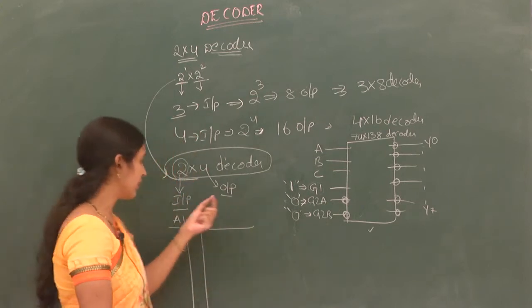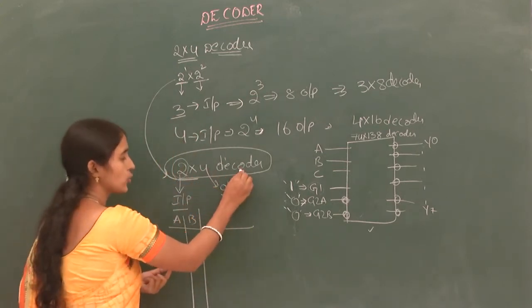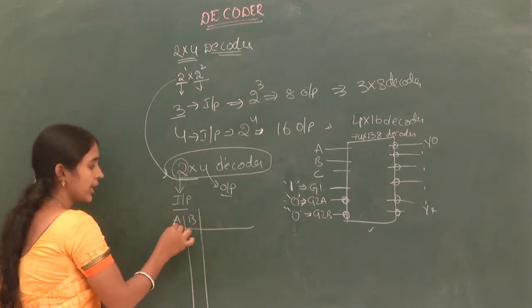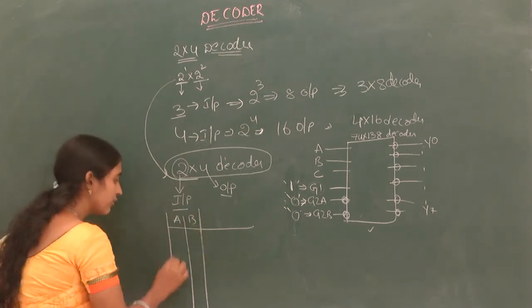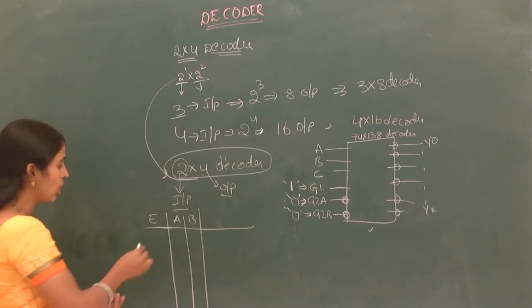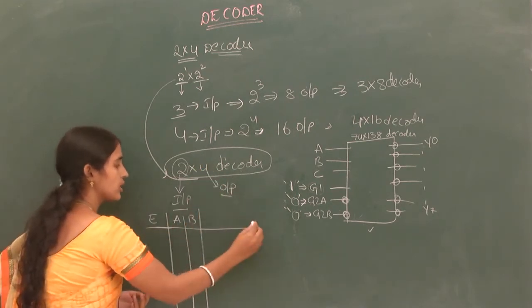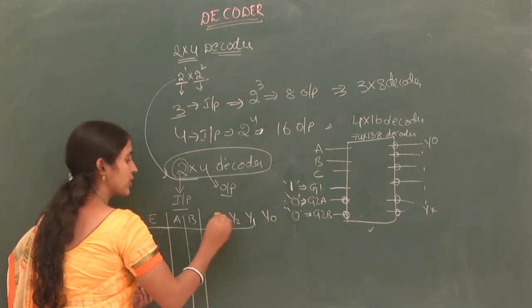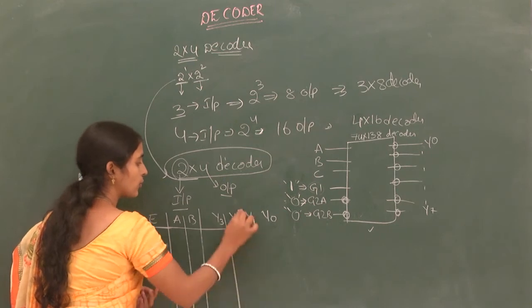Coming here, how to design the 2 to 4 decoder. As A and B are 2 inputs, there will be one enable input, and 4 outputs. Let us assume the 4 outputs are Y0, Y1, Y2 and Y3.